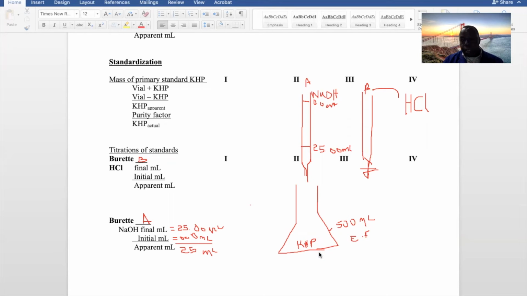To get the ml of NaOH consumed by KHP, we need to account for the ml consumed by back titration. You will now move this flask under the burette P with HCl, and you back titrate to colorless.